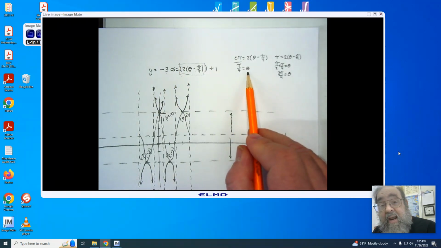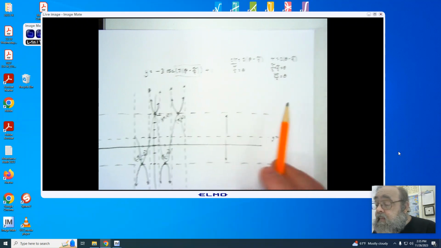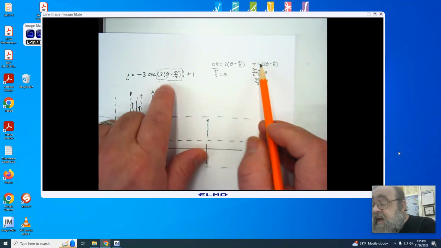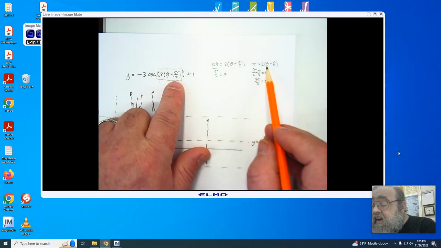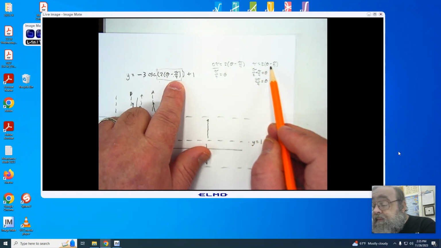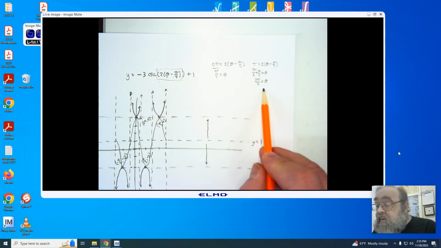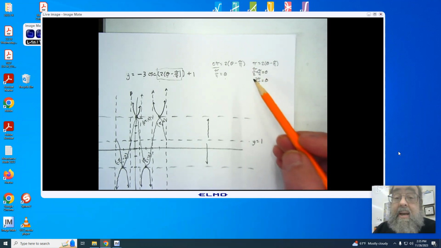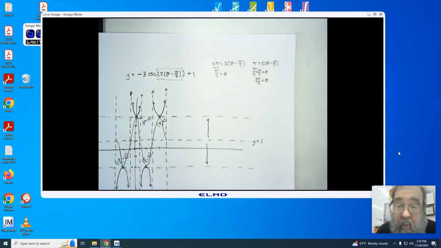We solved for theta and we found pi over 4. We then took the second known asymptote at pi. We set it equal to 2 times theta minus pi over 4, and we solved for theta again. And we got 3 pi over 4. At this point, we could do it again, and we could put 2 pi, 3 pi, negative pi, whatever we want, and just equate them.